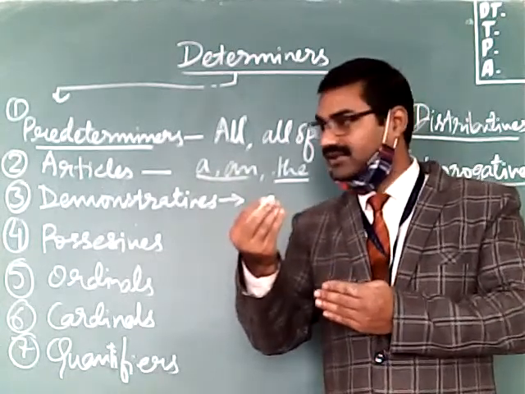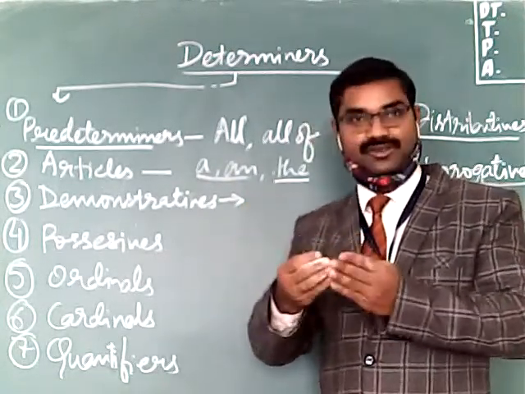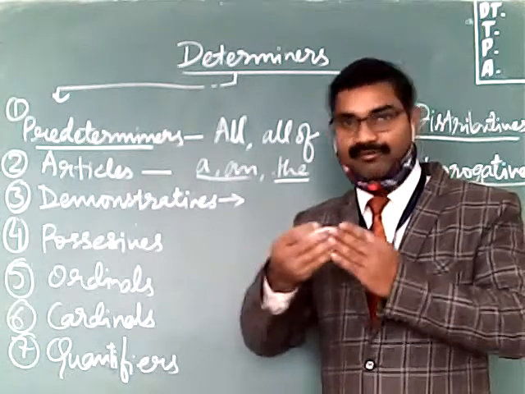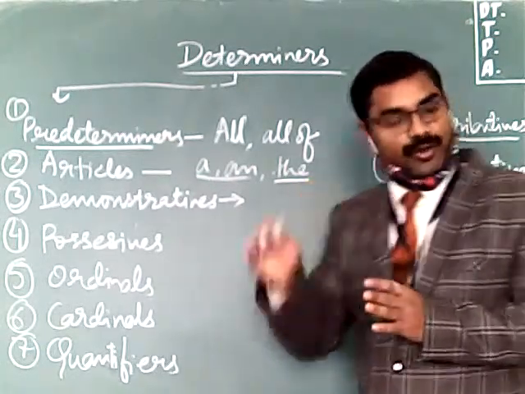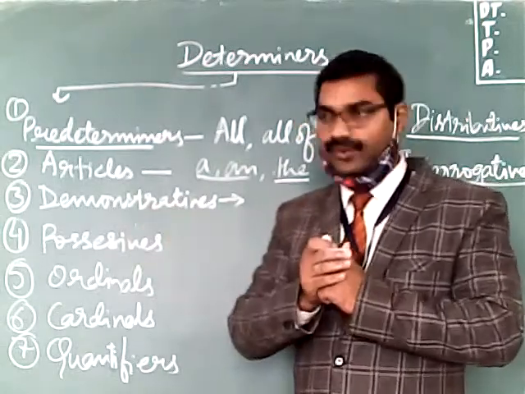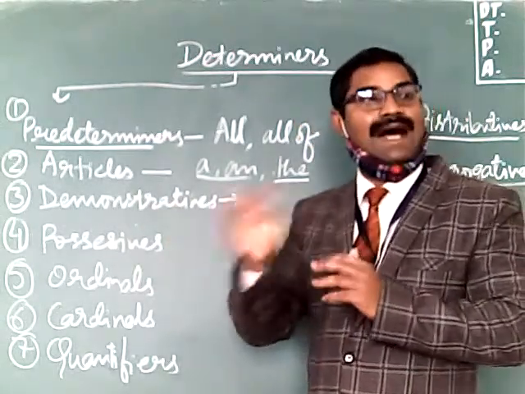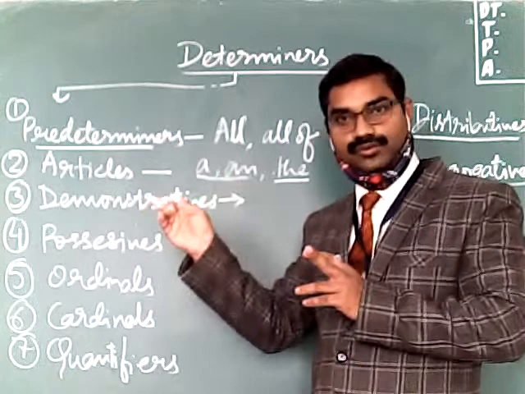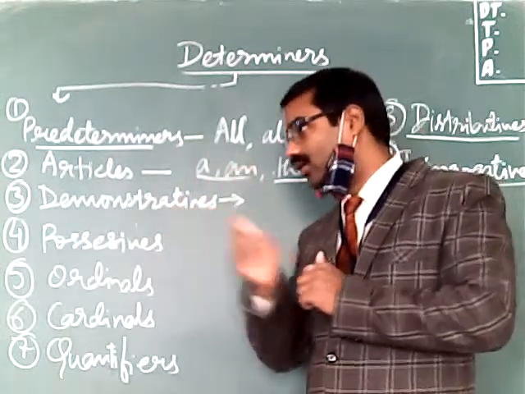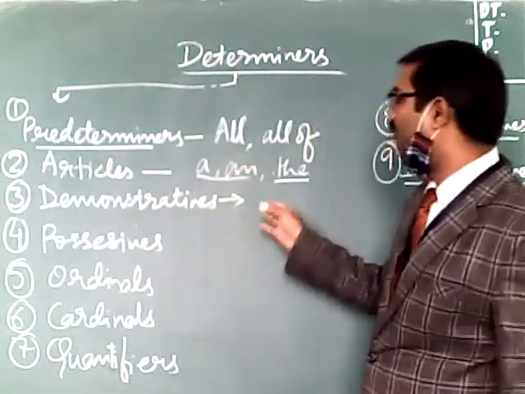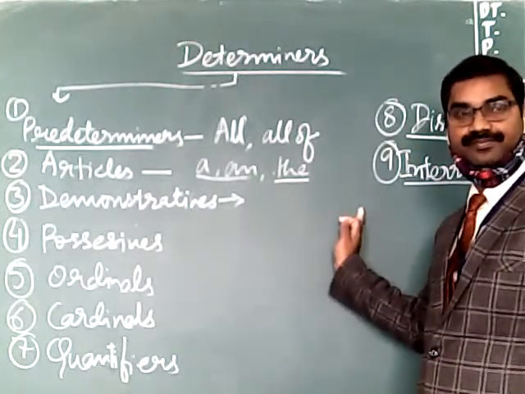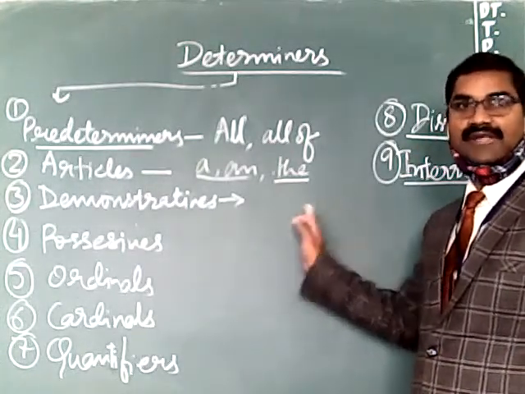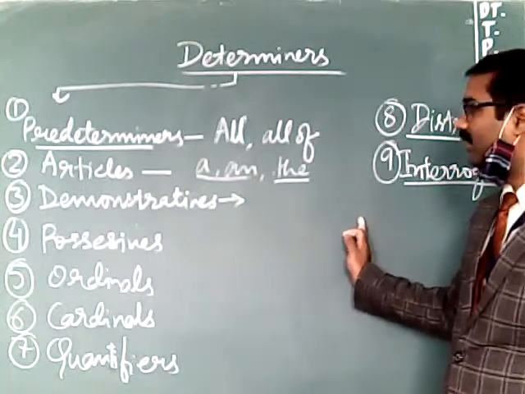And when the things are not before your eyes or not near you, there you will use that and those. That for singular, those for plural. So here you will write this, that, these, those in demonstratives.